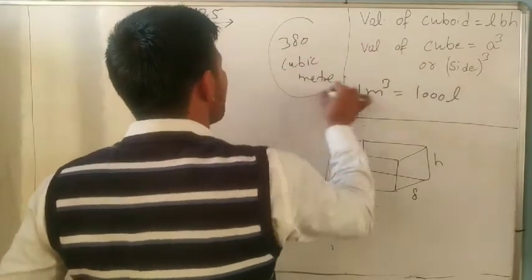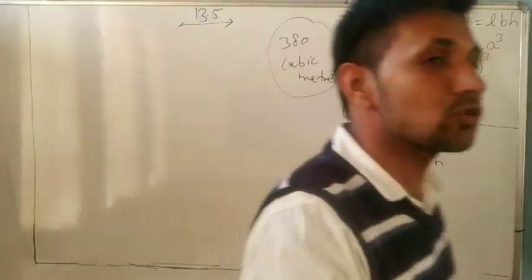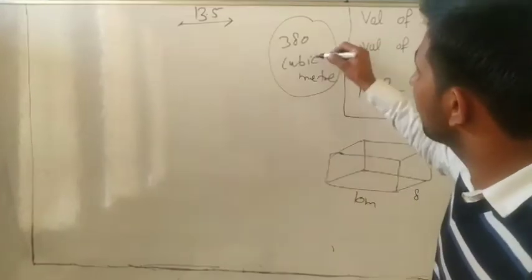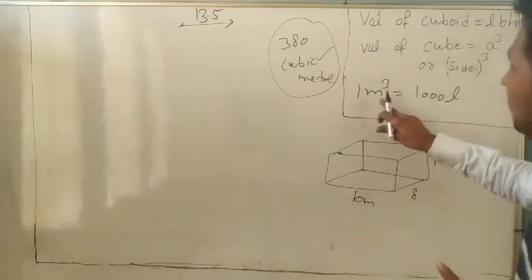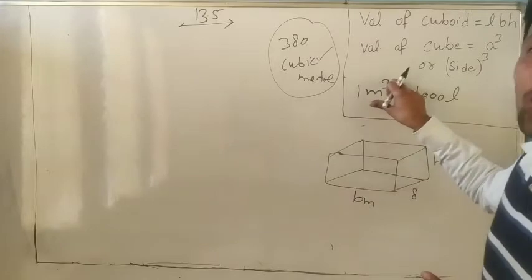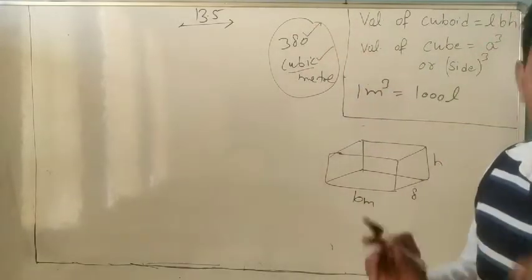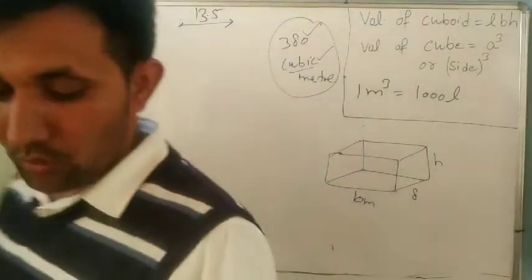Always remember, whenever centimeter square or meter square is given, it means area. But whenever cubic is given, like I already told, 1 meter cube, it means it is a volume.